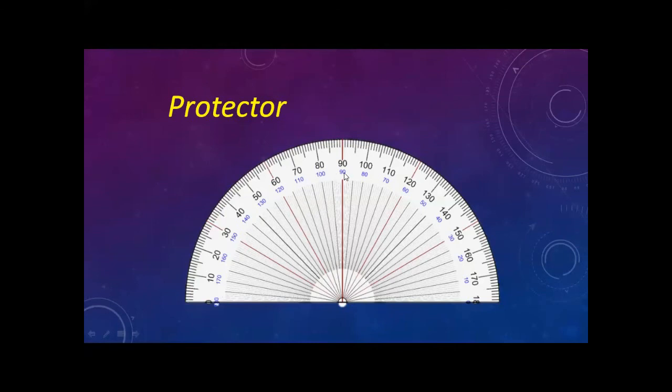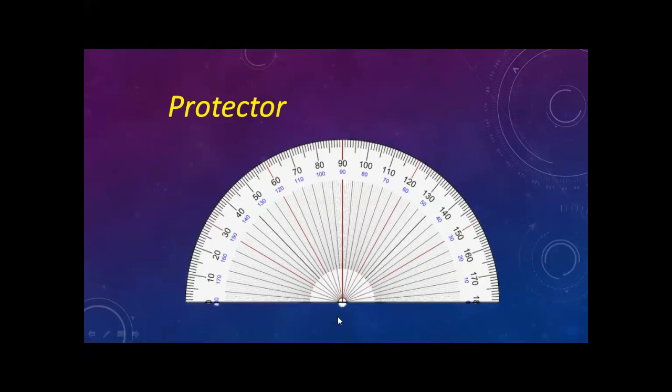The angles starting from 0 till 90 are acute angles, and the exact 90-degree angle is known as right angle. This is the center point. We put our protractor from the center point.